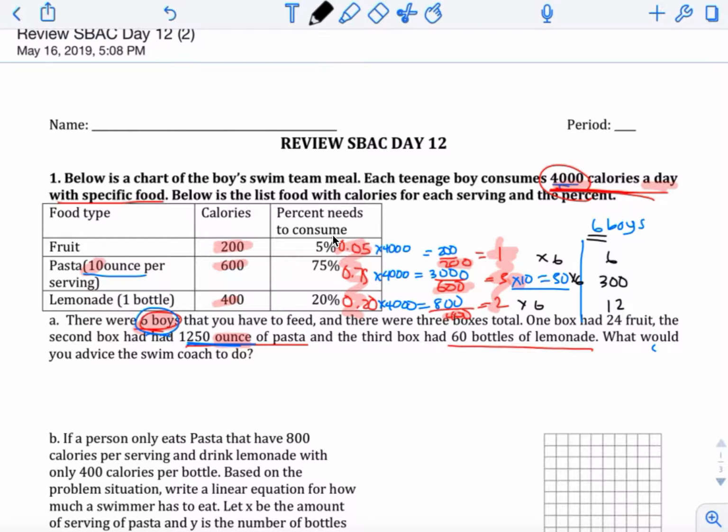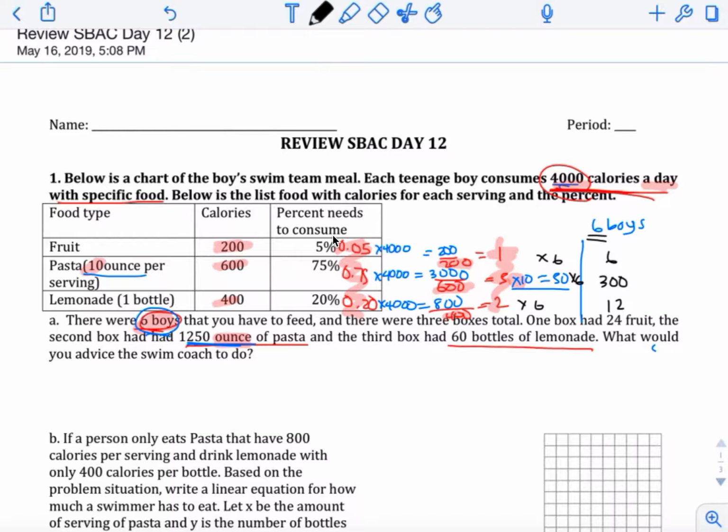So 800x plus 400y equals 4,000. That's the equation. Then graph. Okay, God, I didn't leave any room, did I? So this is the equation. That's worth 4 points, 10 altogether.